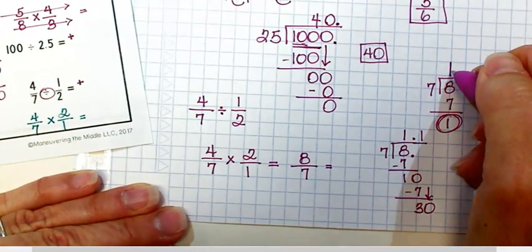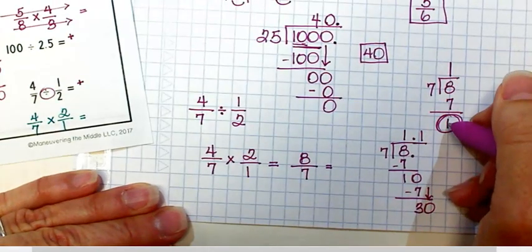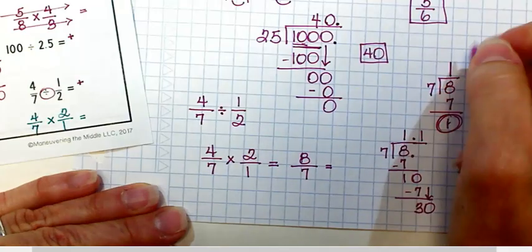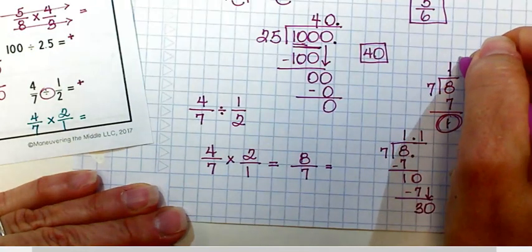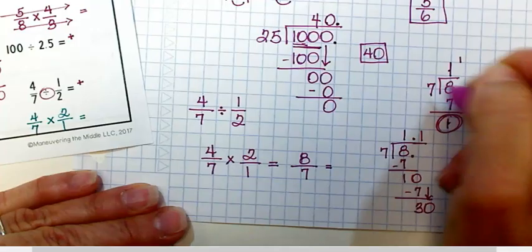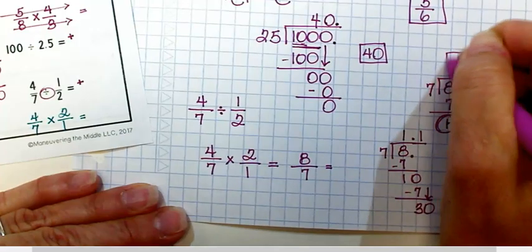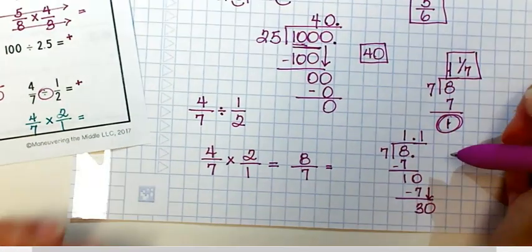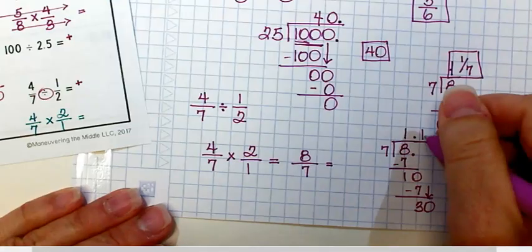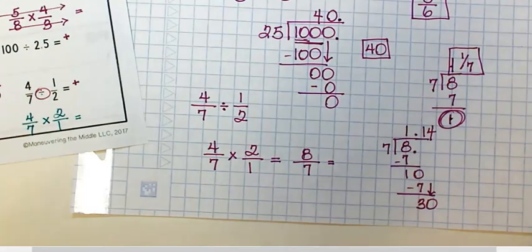And so my whole number is 1, and then I just build the fraction from my remainder and my divisor. 1, and then 1/7. You can do a decimal, but the decimal is going to be kind of yuck, because it'll be 0.4, and so on, keep going. Okay. All right, there you go.